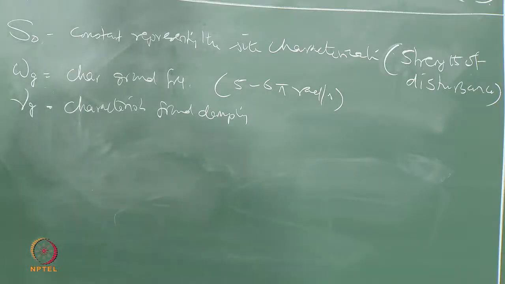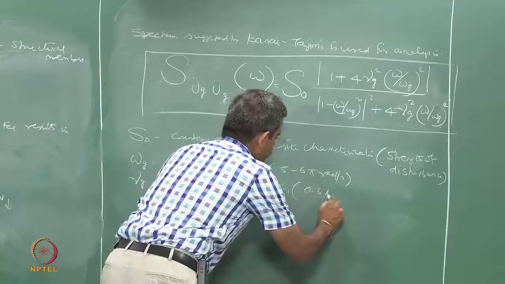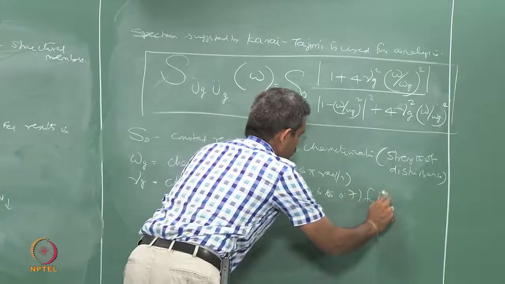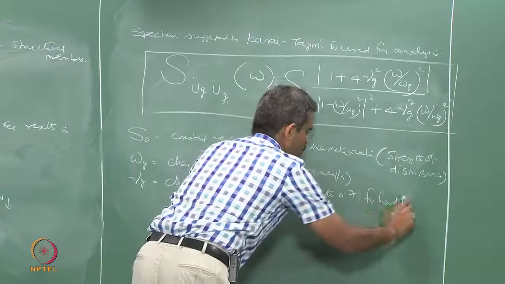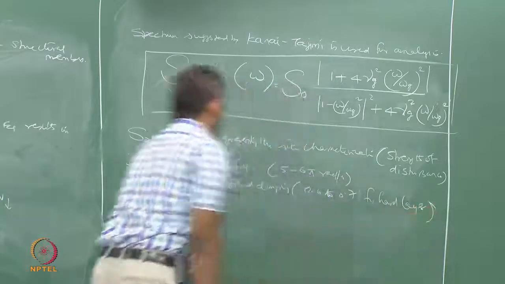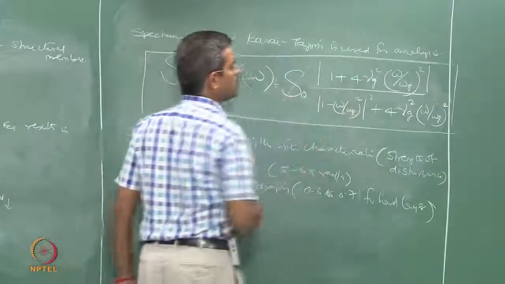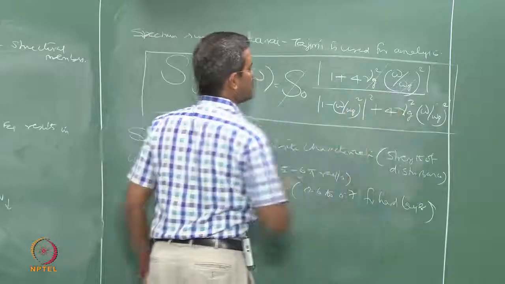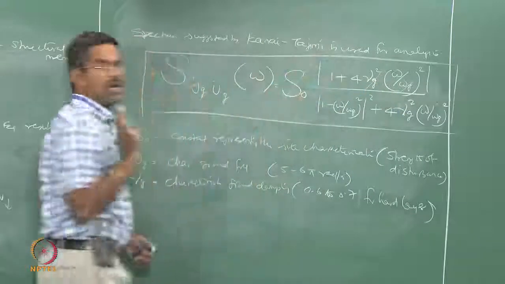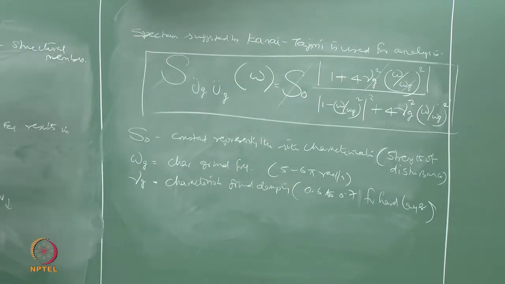It is usually 0.6 to 0.7 for hard layer. So this constant is known, this ratio is also known, omega g is of course known. So the entire spectrum is a function of omega, okay, which can be plotted, which will typically look, I will show you the figure in the next class, but anyway let us look at the reference.